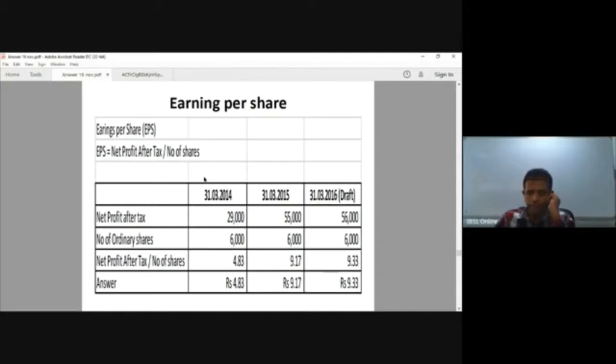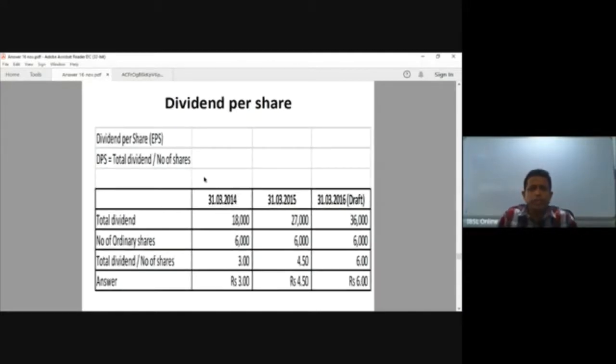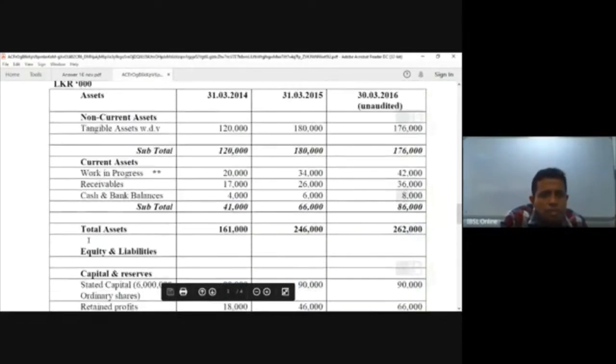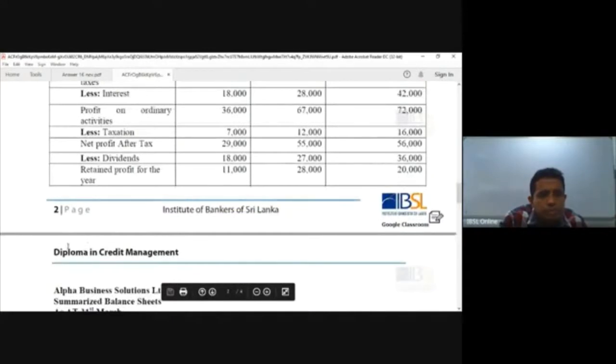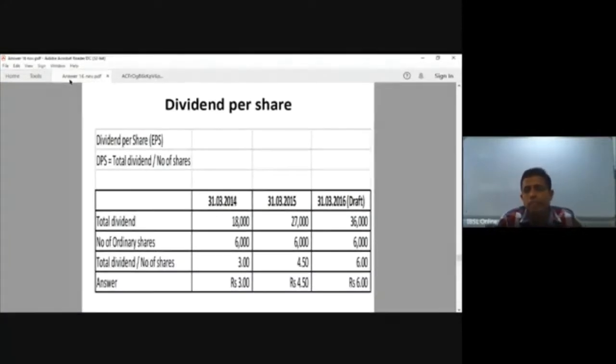Right. Next one is dividend per share. Take the total dividend. It's there in the question. Here: 18,000, 27,000, 36,000. Then divide it by the number of ordinary shares. 18, 27, 36 divided by 6,000 ordinary shares outstanding.